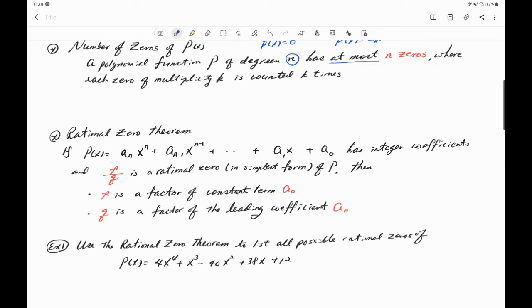So if we have a polynomial starting with a sub n, the leading coefficient, times x to the nth power, all the way up to some constant a sub 0.